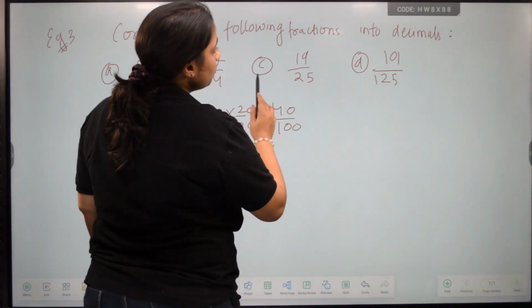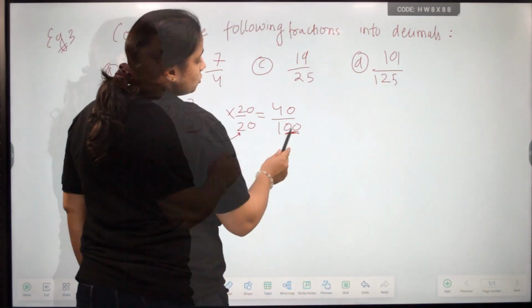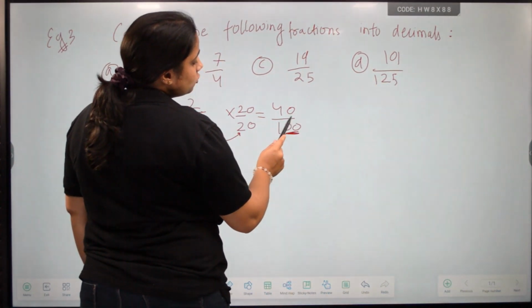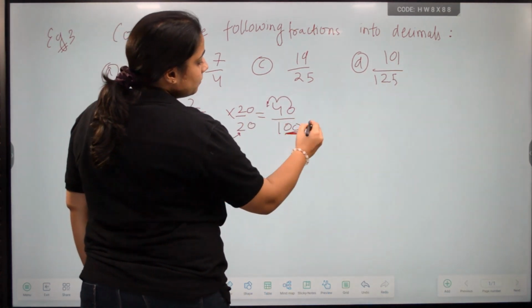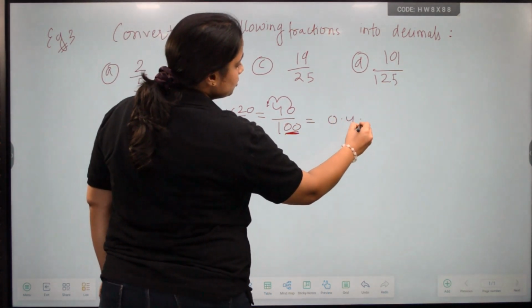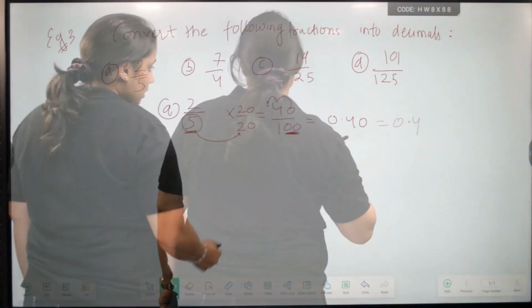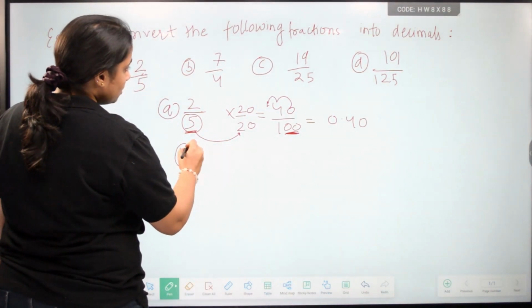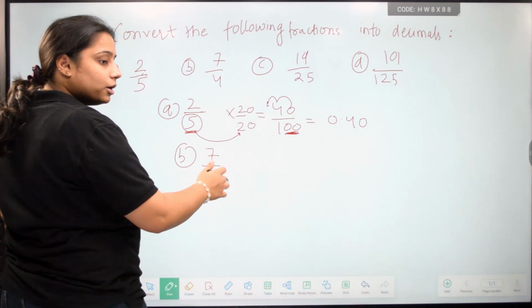Now it is easy to convert it into a decimal. We can see that we have two zeros, so place the decimal after two numbers. So it will be 0.40. It can also be written as 0.4. Now part B, 7 by 4. How can we convert this 4 into 100?